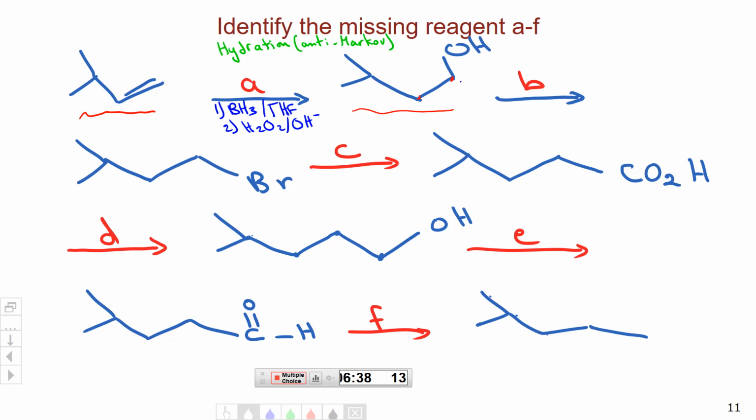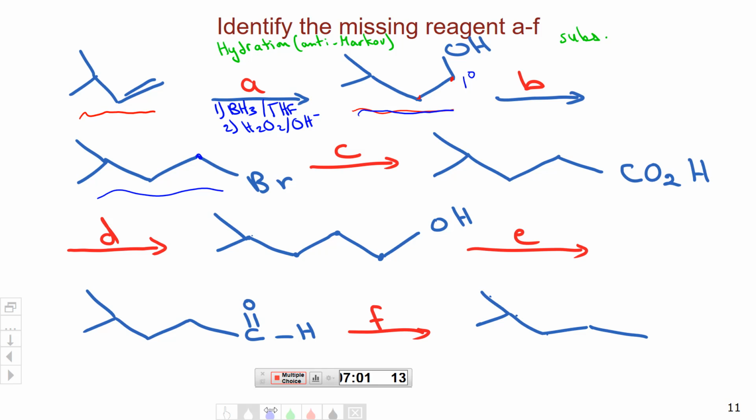Now, this is now a primary alcohol, and we're going to an alkyl halide. There is no change in the number of carbons. All what we've seen is the OH is substituted by the Br. So this is a substitution reaction. The OH is replaced by a Br. So there are two methods to do that.